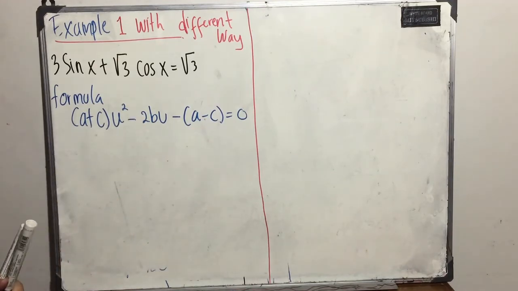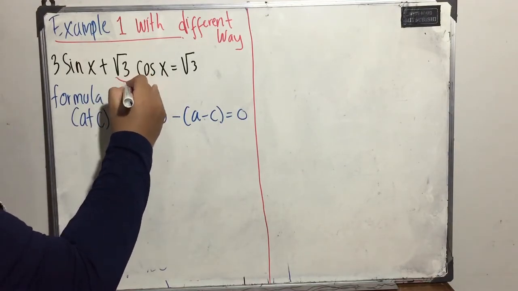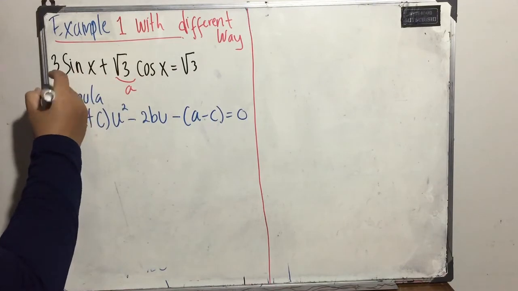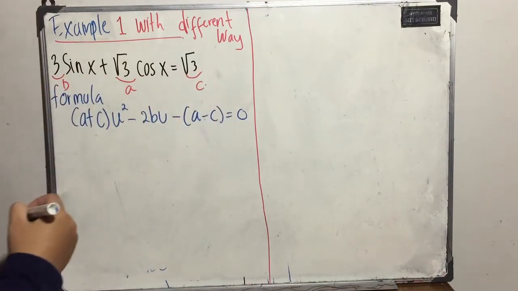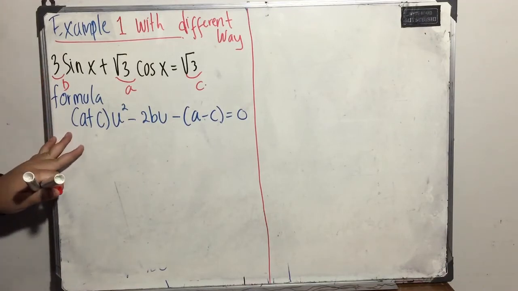Okay, from here we need to identify the coefficients. In front of cosine x is a, in front of sine x is b, and here is c. So we need to substitute these into this formula.